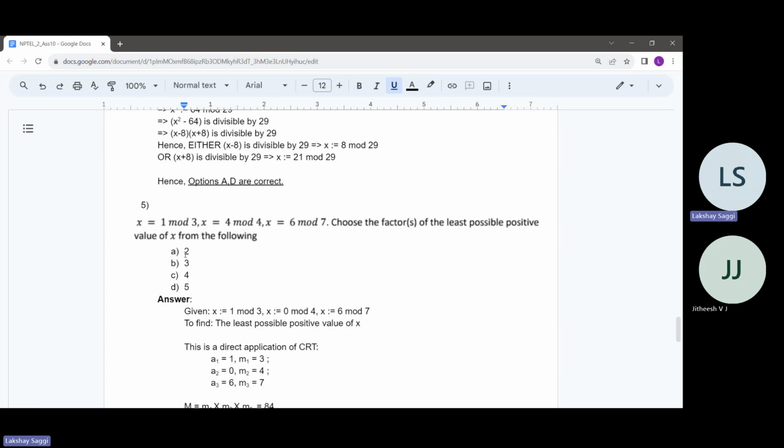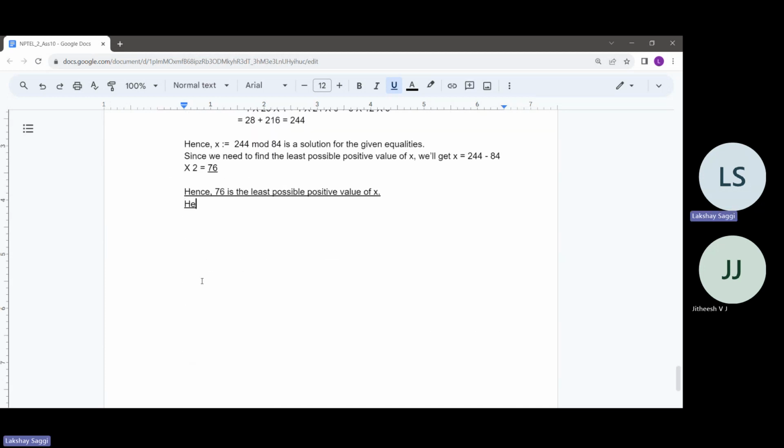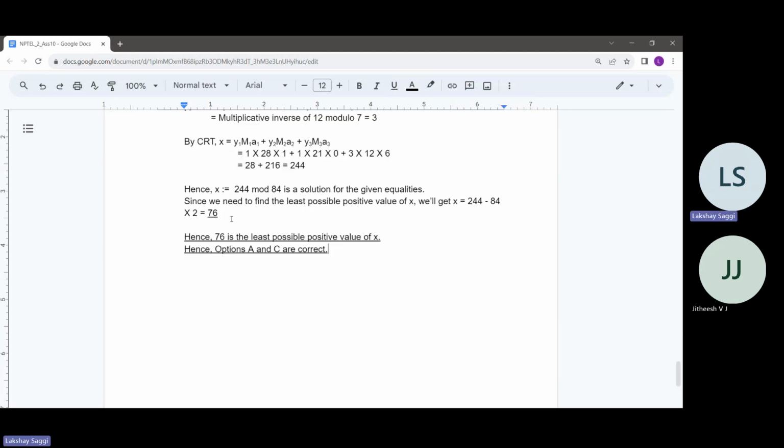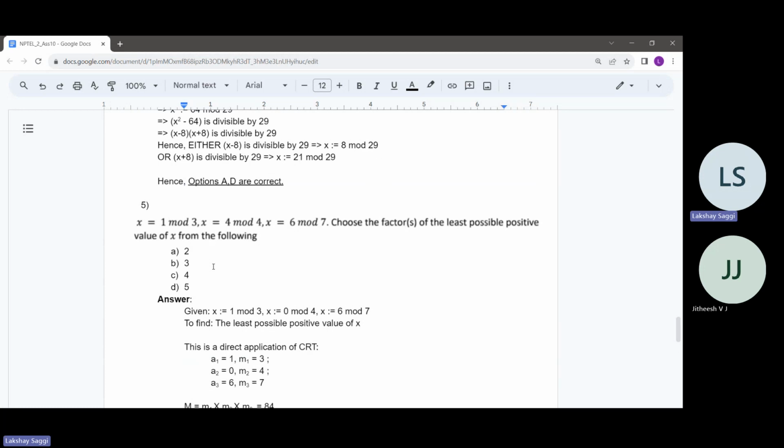So 76 is divisible by 2, not divisible by 3, but divisible by 4 and not divisible by 5. So 2 and 4 is the correct answer. Hence, options A and C are correct. So yeah, A option was true, C option was false.